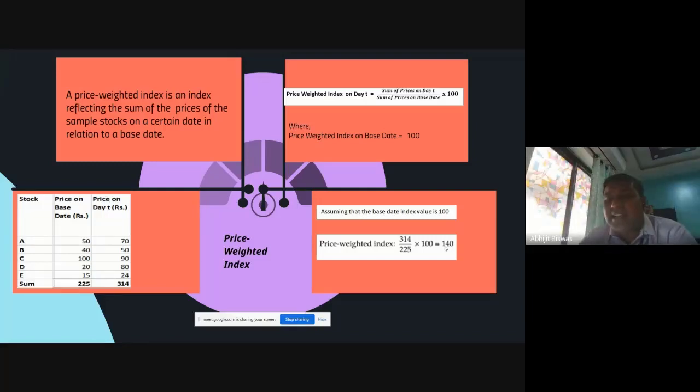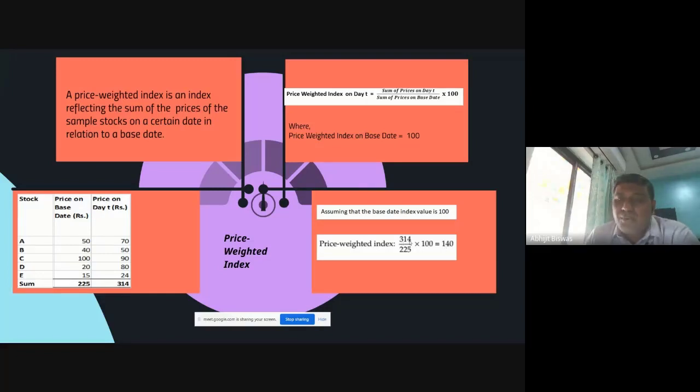So on base date, the index was 100. On day T, it is 140. Why? Because the sum of all the prices on the base date increased 1.4 times. Why?